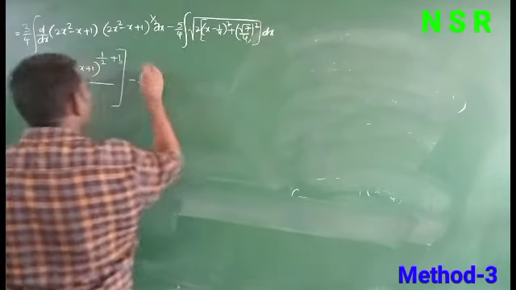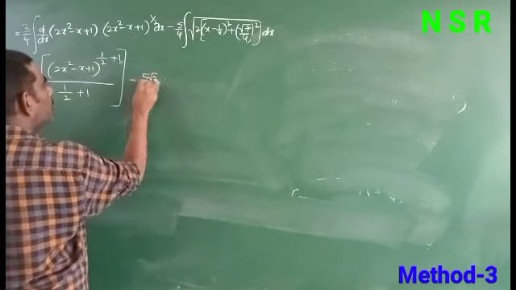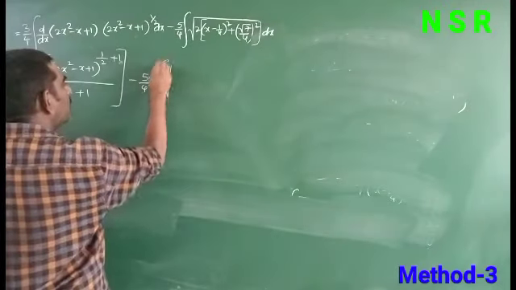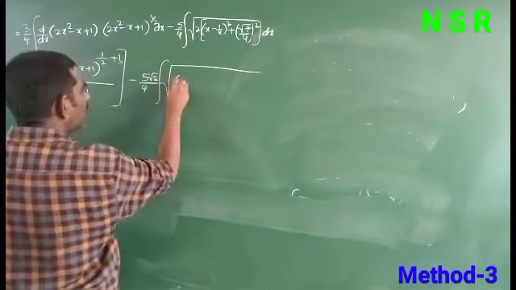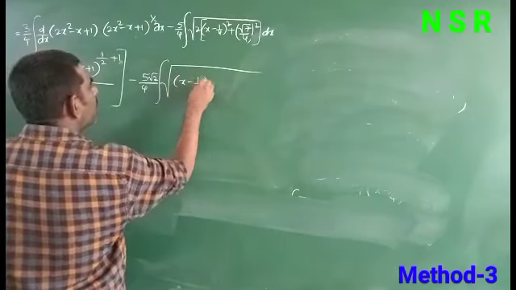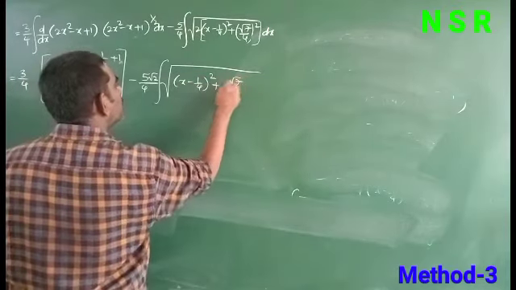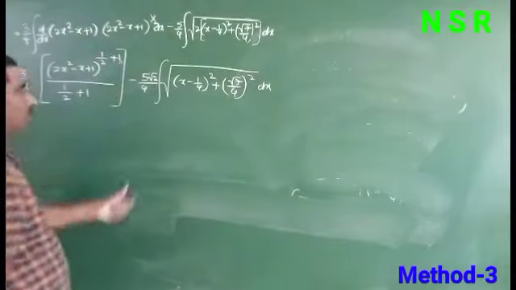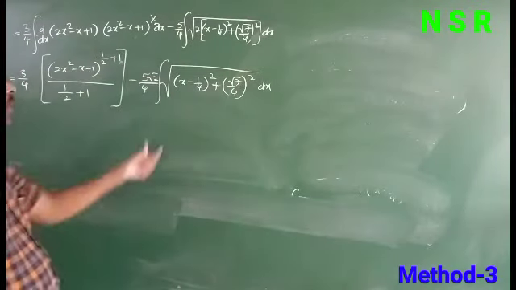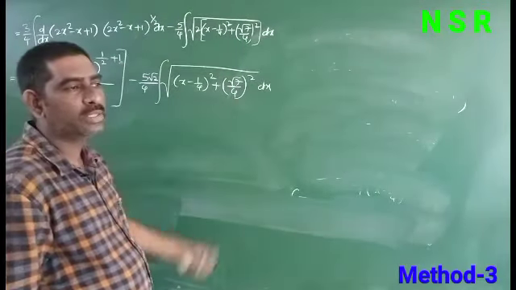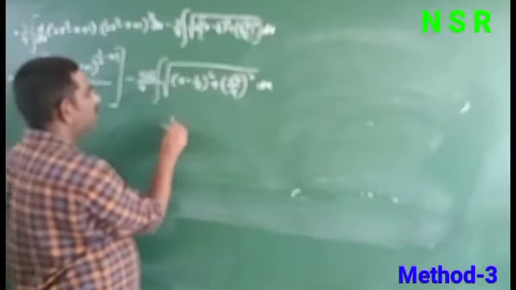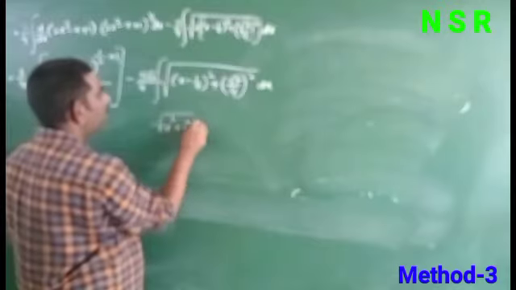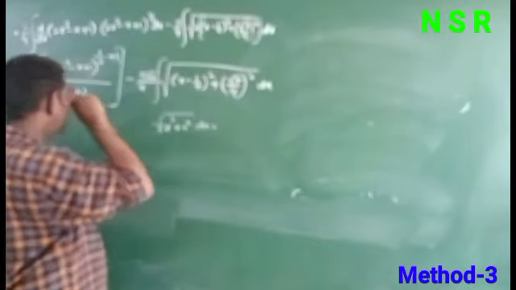So root 2 right outside, 5 root 2 by 4 into integration of square root of (x minus 1 by 4) whole square plus (root 7 by 4) whole square into dx. So here the formula is for square root of x square plus a square into dx.